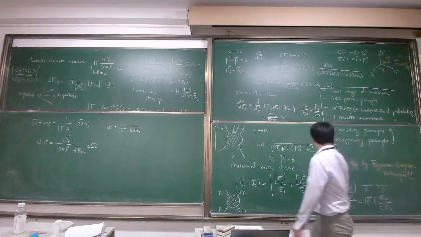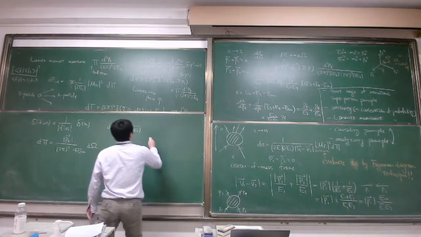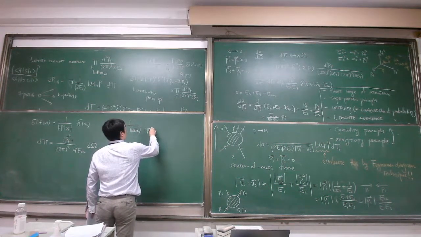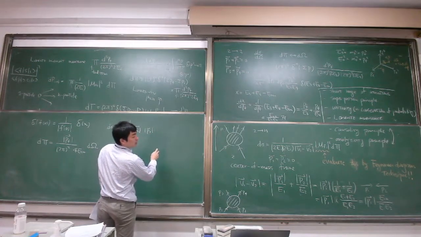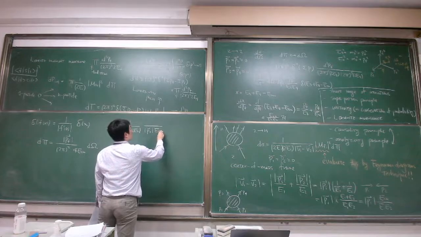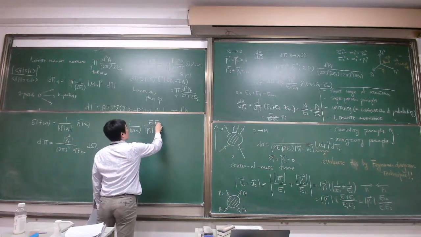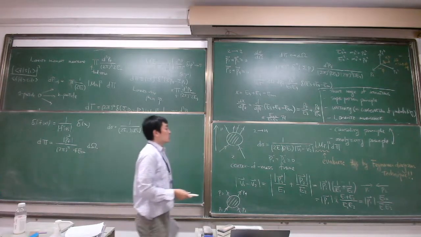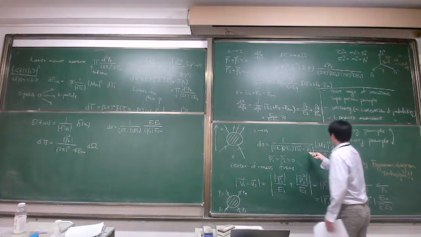So what we should get is pi, and then E center of mass E1 times E2. So that's this B1 minus B2 part.